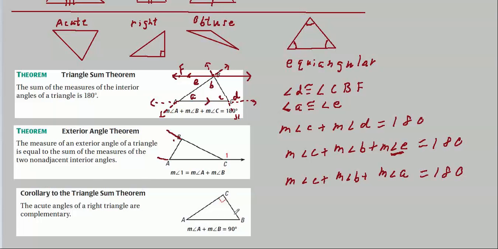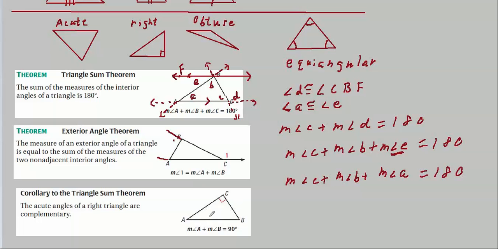You can say acute, but it's easy to prove that they have to be acute. Now that we know this, that they add up to 180, well, if one of them's 90, there's only 90 degrees left to split up between these two angles. So they're both going to have to be less than 90 unless one of them is 0. And that wouldn't make any sense. If this angle were 0, you'd just have a straight line.